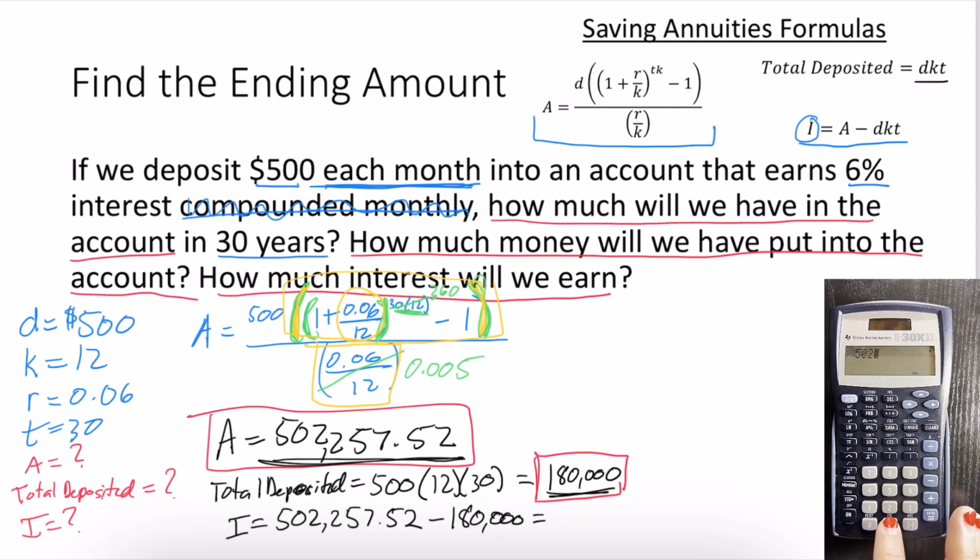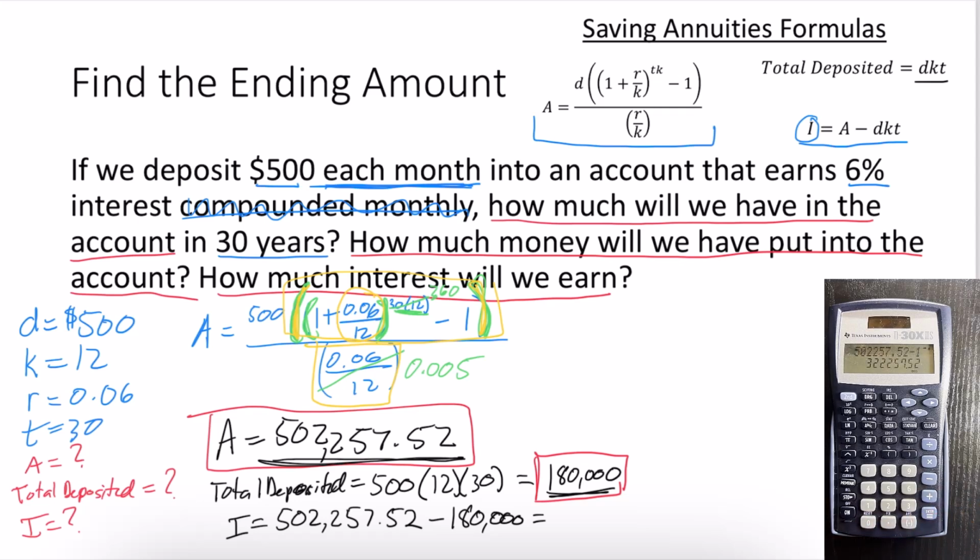So I get $502,257.52. Subtract $180,000. And that tells me that the amount of money that I have earned in interest is $322,257.52, which is a lot of money.